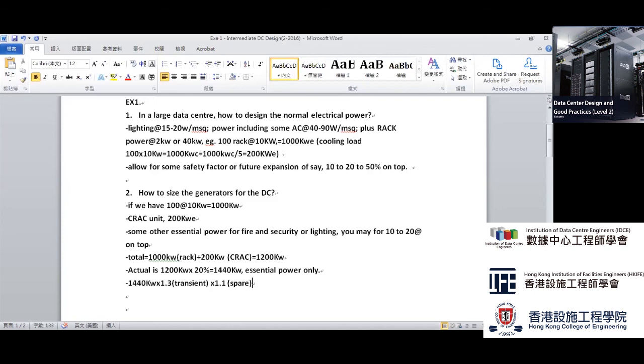And then of course you want to divide by the power factor 0.9. So that should be equal to 1,440 times 1.3 for the transient loading, times 1.1 for spare capacity, divided by 0.9. I think you got 2,288 kilowatt, if I'm not making a mistake here.